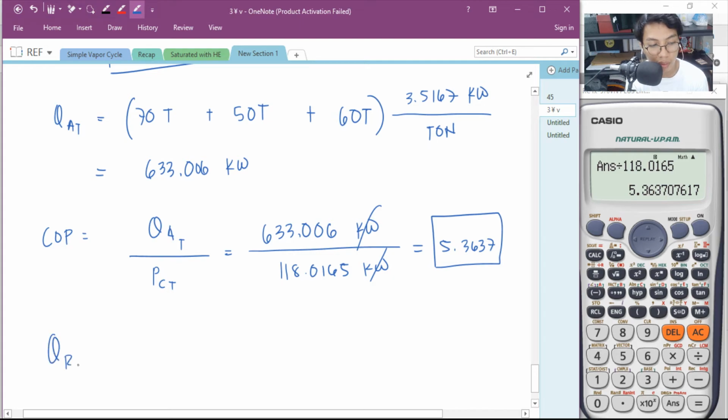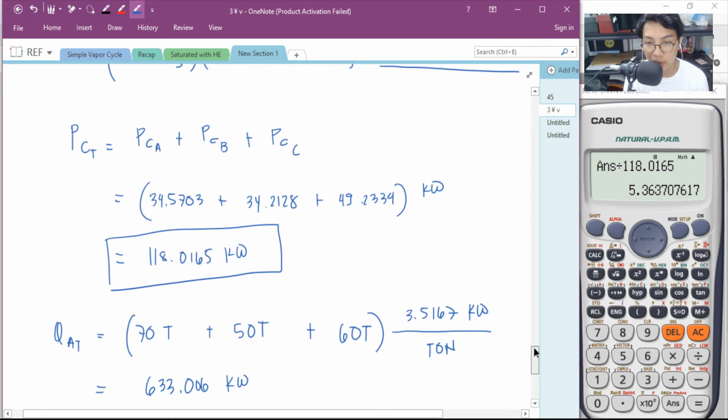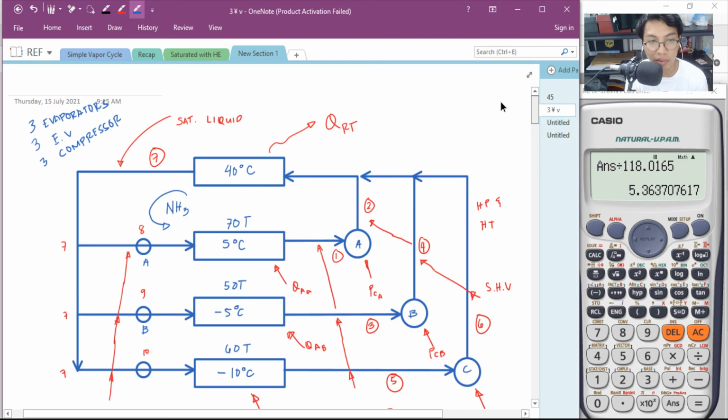For system balancing, kailangan natin makuha si QR. QR total. That is the mass ng refrigerant total multiplied to ER. Ano ba yung ER dyan? Ano ba yung papasok? Tignan mo na lang dito. Anong H yan?